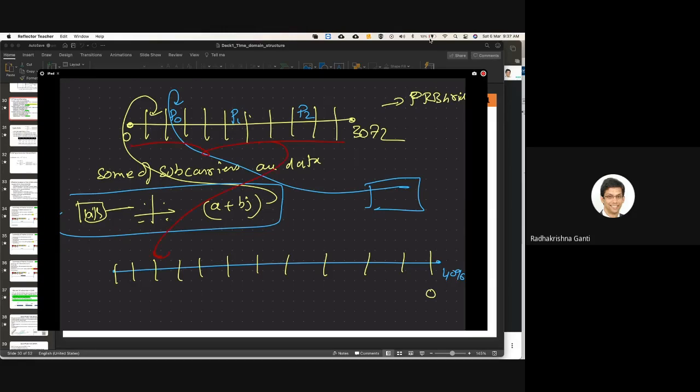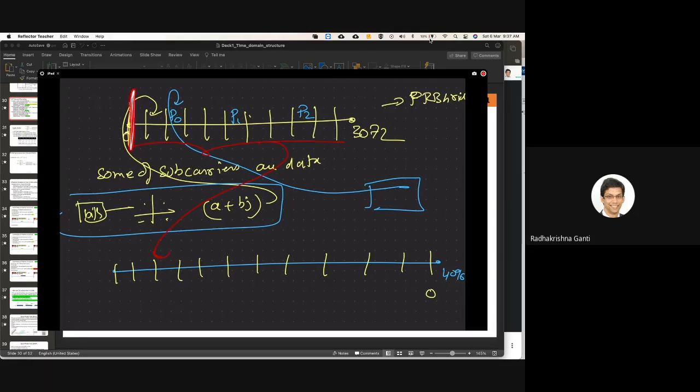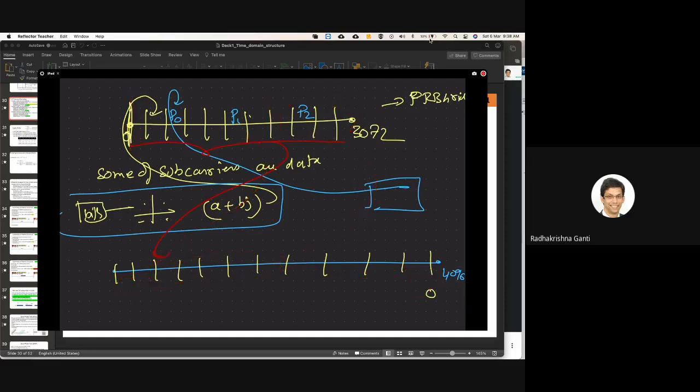I'll tell you exactly how the mapping happens. For example, from here to here, I map this to this part. From here to here, I map it to this part. All the other things are actual zero values before you take your IFFT.